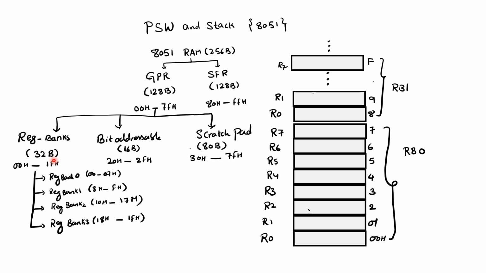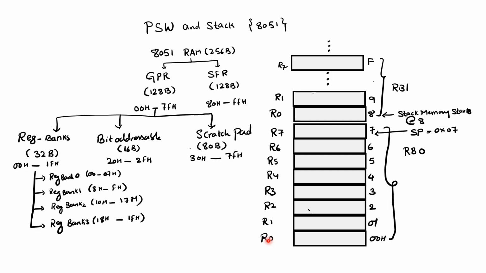So to restrict ourselves to fewer bits to represent registers, we have classified the register banks into 4 banks of 8 each. At a given point of time only 8 registers are available to the programmer, but you can switch between these register banks with the help of the PSW register.